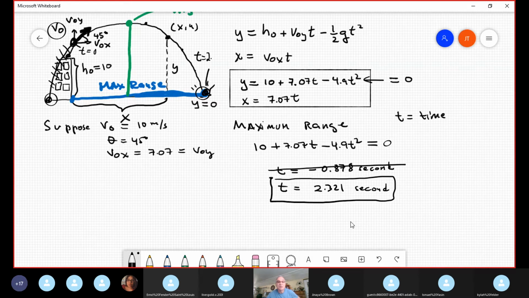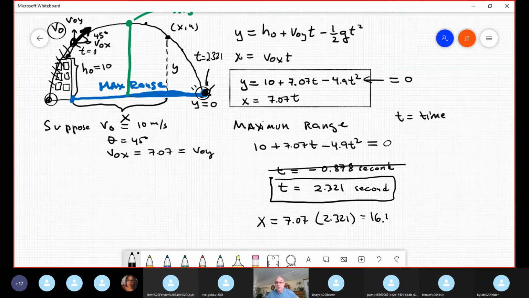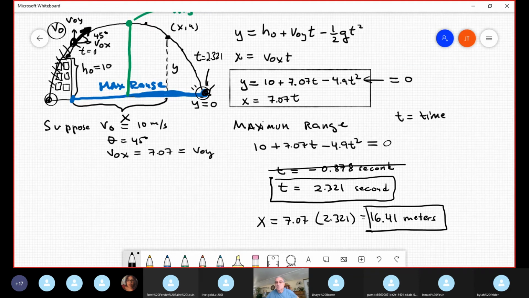If you want to find the maximum range, get the x value associated with this time, you plug it in: x equals 7.07 times 2.321. And the answer is 16.41 meters, because the distance here is in meters.